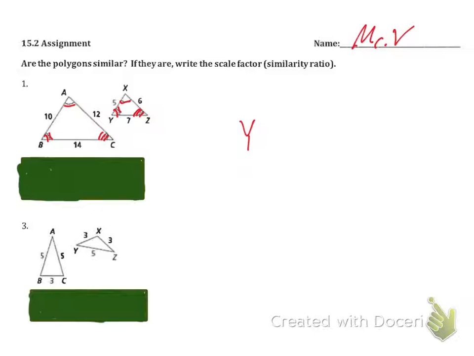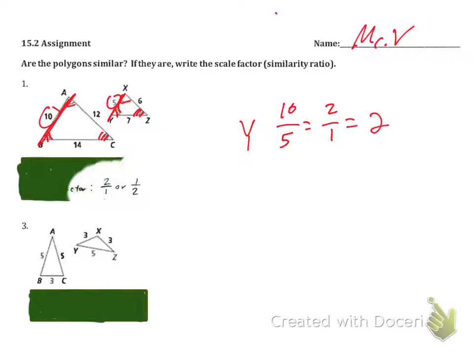Then you can take one similar side, which would be AB to XY. So I'd put 10 over 5, which I then would reduce to 2 over 1, or just scale factor would be 2. I got the answers here, so yes, the scale factor would be 2 or 1/2.